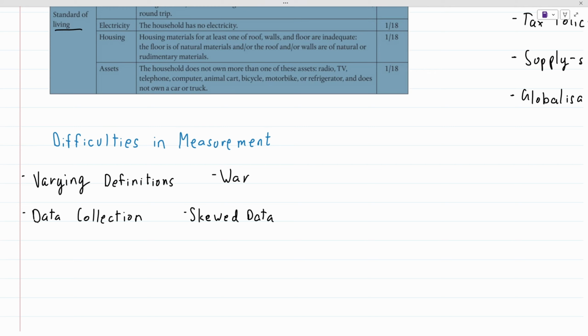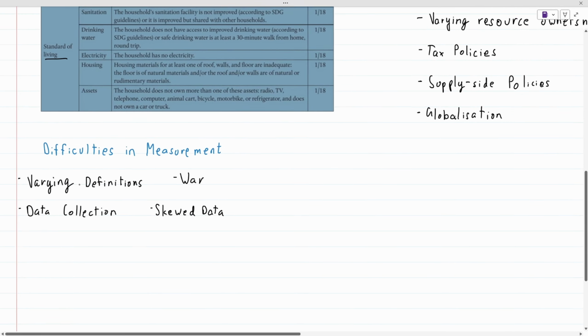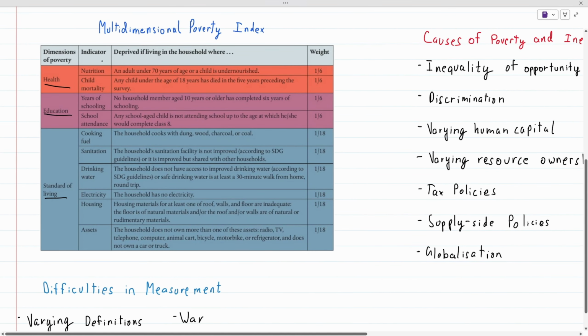Again, we have a difficulty in data collection. It takes a lot of human resources and capital and money to go into a country and collect all this important data, especially for a composite indicator like MPI, which comprises so many different factors. Moreover, factors like cooking fuel or electricity or drinking water may go beyond just a monetary definition of poverty.